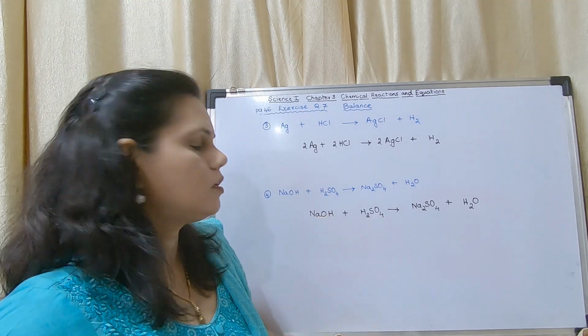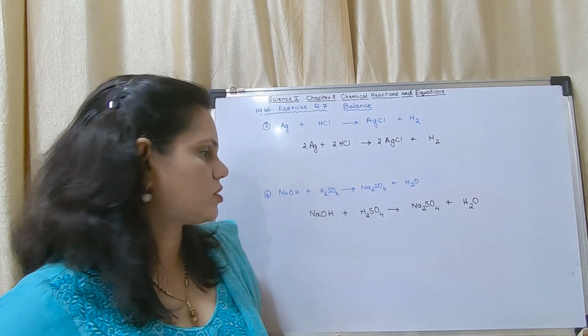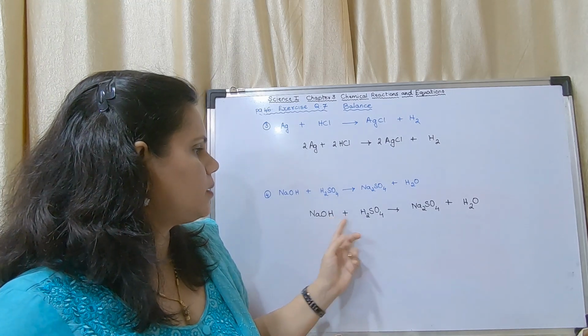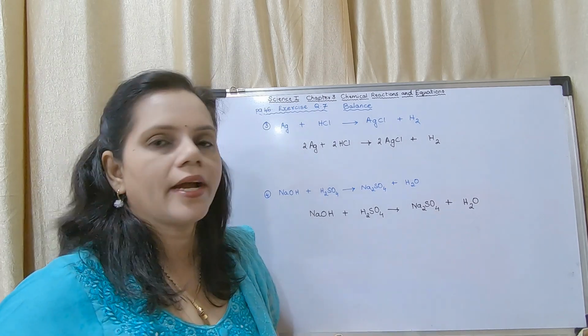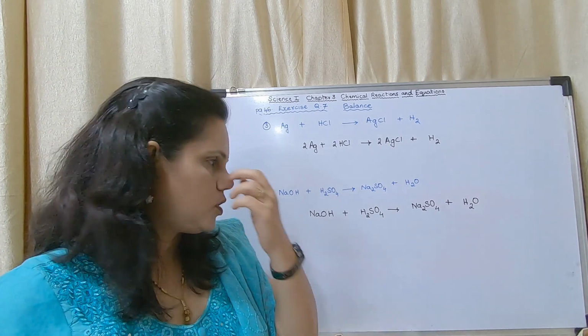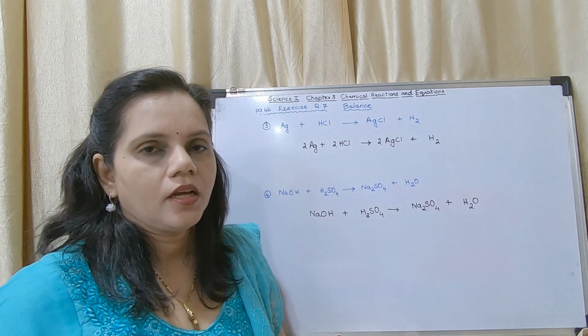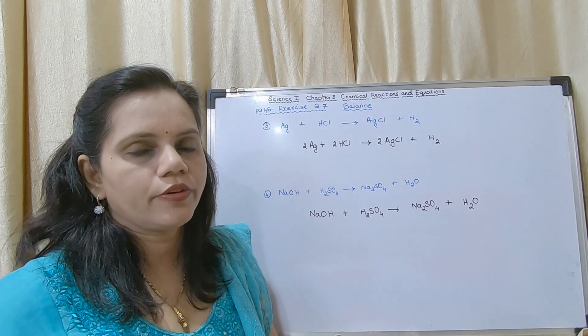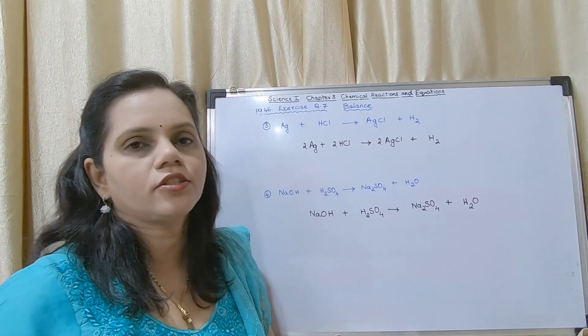Oxygen: 1 plus 4, 5 oxygen; 4 plus 1, 5 oxygen. Hydrogen: 1 plus 2, 3 hydrogen, here 2 hydrogen. Sulfur 1, here also 1. So oxygen is balanced, so we cannot do anything with oxygen. So we are going to try for hydrogen.